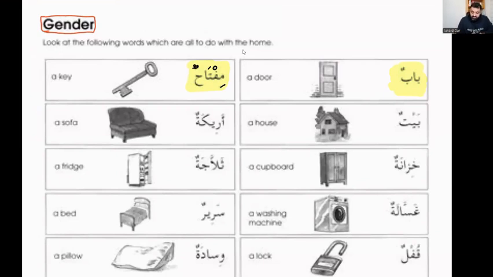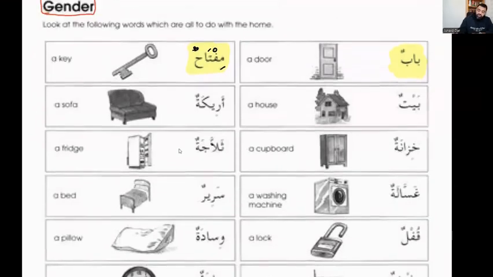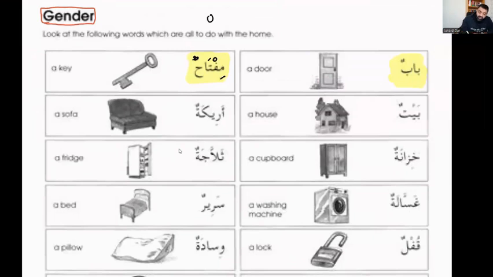So subhanAllah, you worked it out yourselves. How is that masculine if it hasn't got the tun at the end? So the feminine word has to end in tun. So anything other than tun would always be masculine. That's correct.